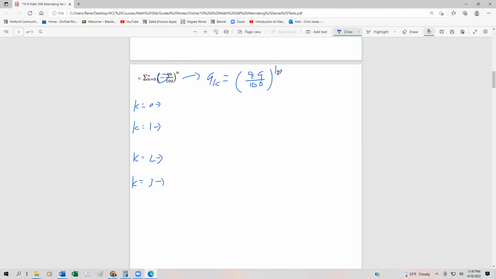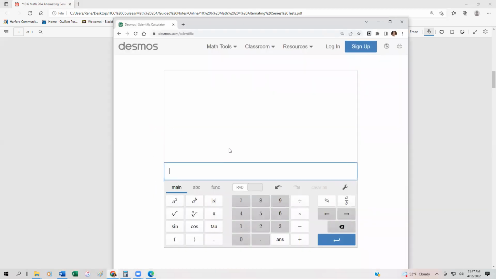Let's see whether we feel like it's going to be non-increasing. Now, clearly, when k is equal to 0, we get 1. When k is equal to 1, we get 99 over 100, which is 0.99. And then from there, we could just use our calculator. I'm going to say quantity 99 over 100, and square that quantity.